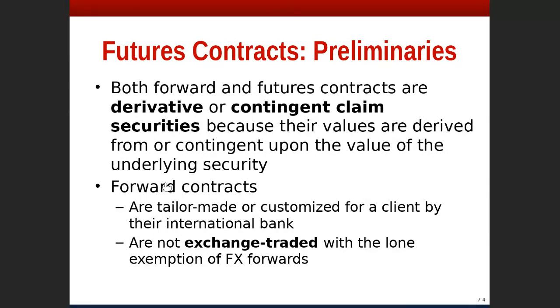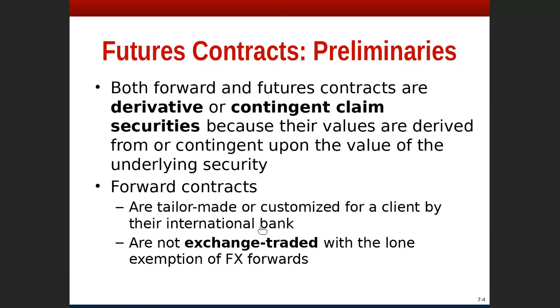Now, there are some significant differences between forward contracts and futures contracts. Now, forward contracts are tailor-made or customized for a client by their international bank. Say, for example, you are based in Windsor and you are conducting business with some company in Japan. So at some point in time you would need some Japanese yen to take care of some business in Japan.